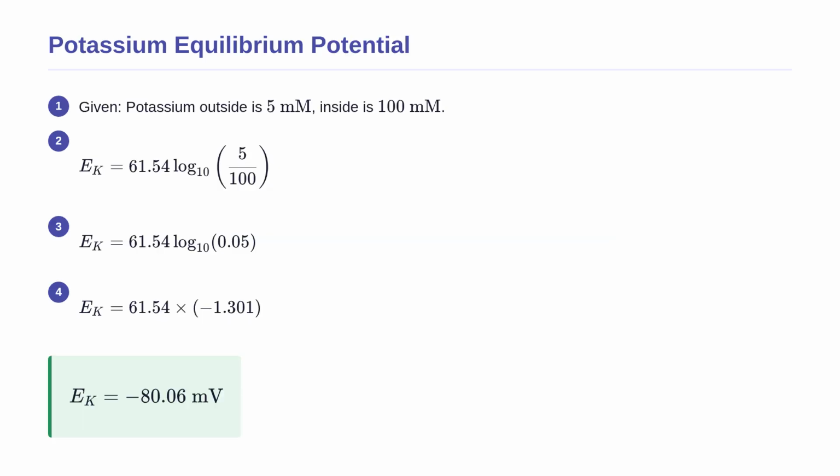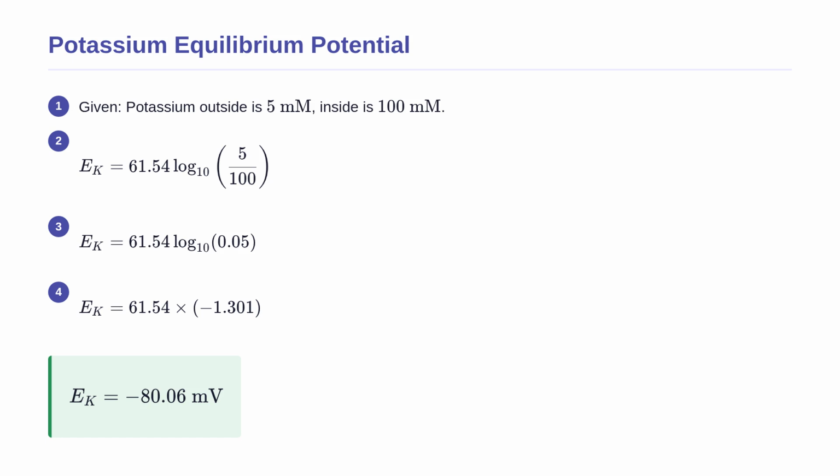Before we move on, let us see this formula in action with a concrete example. We want to calculate the equilibrium potential for potassium in a typical mammalian neuron. We are given that the concentration of potassium outside the cell is 5 millimolar, and the inside is 100 millimolar. We need to find the voltage at which potassium is in perfect balance. We start by plugging our outside and inside concentrations into the Nernst equation, giving us 5 divided by 100.